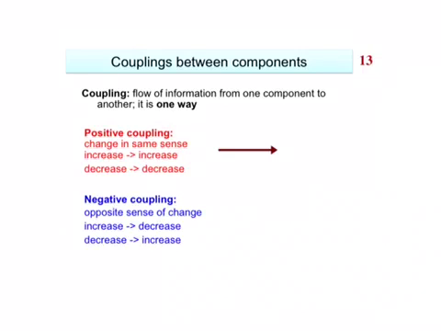With a negative coupling, we have the opposite sense of change, where an increase in one variable leads to a decrease in the other, or a decrease in the first variable leads to an increase in the other. And we represent this as a line that terminates in a circle.